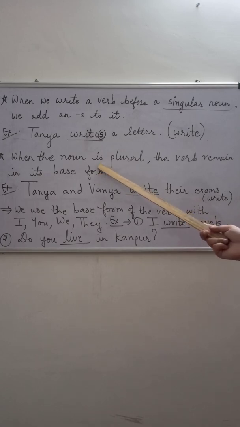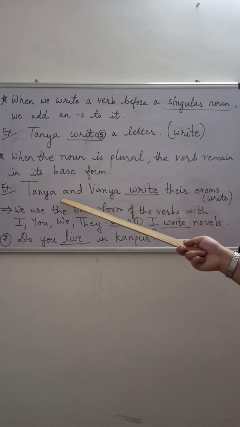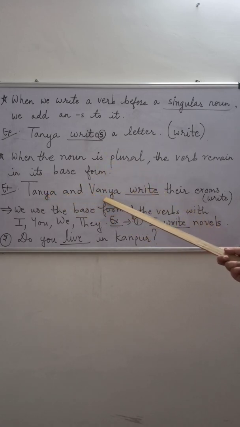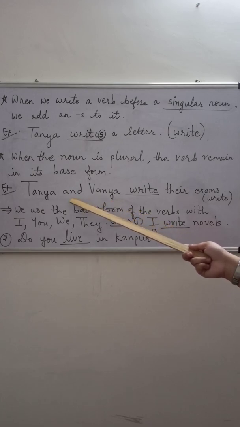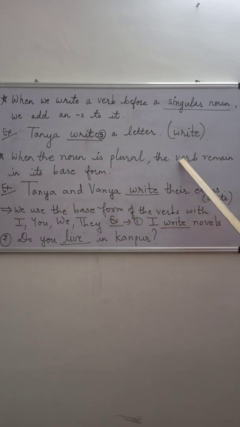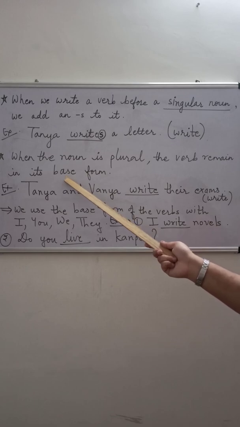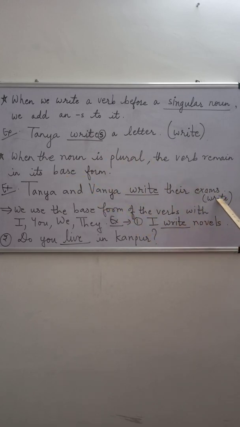Now according to the rule, if the noun is in plural, so Tanya and Vanya, we are talking about two persons. So it is in plural, so the verb remains in its base form. So we will use the base form of the verb. So the sentence becomes Tanya and Vanya write their exams. We will not add an S to the verb.